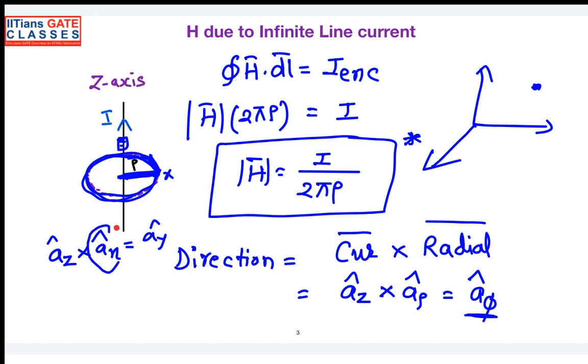That is the reason why this is generalized. So a phi can be equal to ay, provided that the observer lies in the x direction. Understood? Then we'll go ahead.